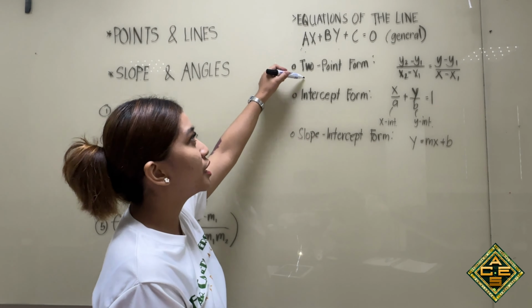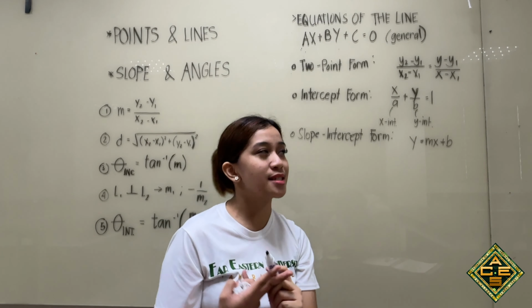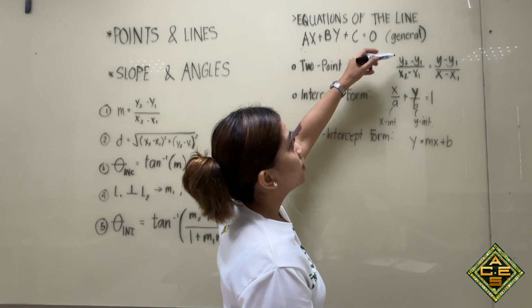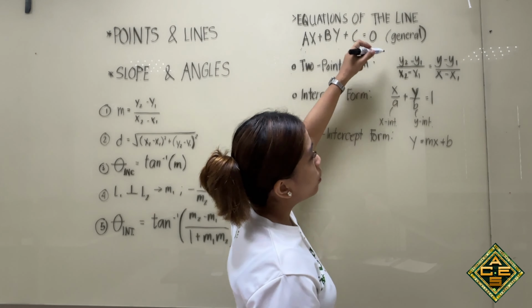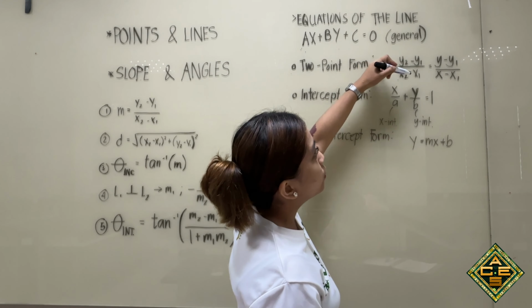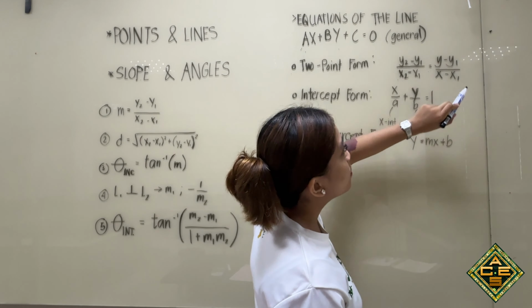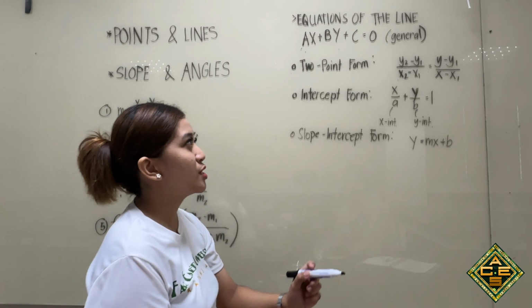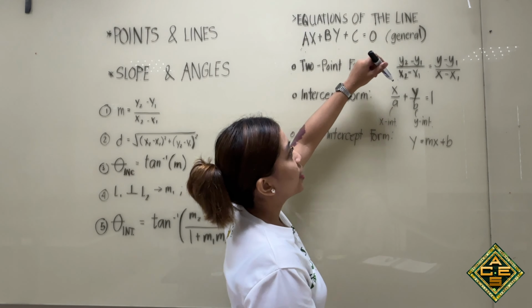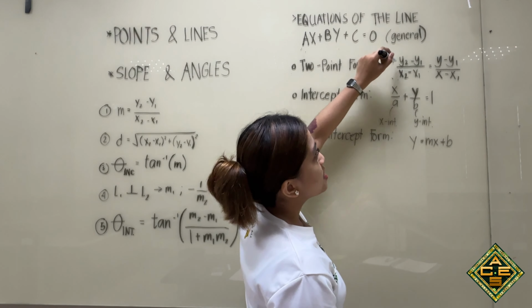Here we are given two pairs of points, or two pairs of coordinates. We'll use this formula: y sub 2 minus y sub 1 all over x sub 2 minus x sub 1 equals y minus y sub 1 all over x minus x sub 1. As you can see, the pairs of points we have here are x sub 1, y sub 1 and x sub 2, y sub 2.